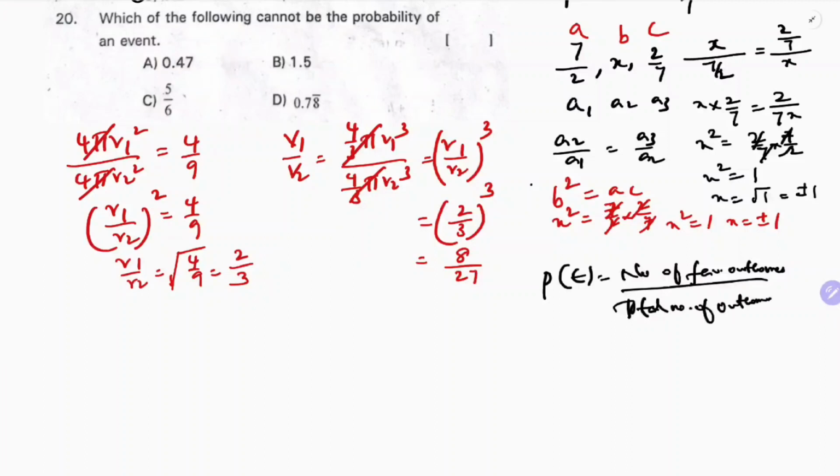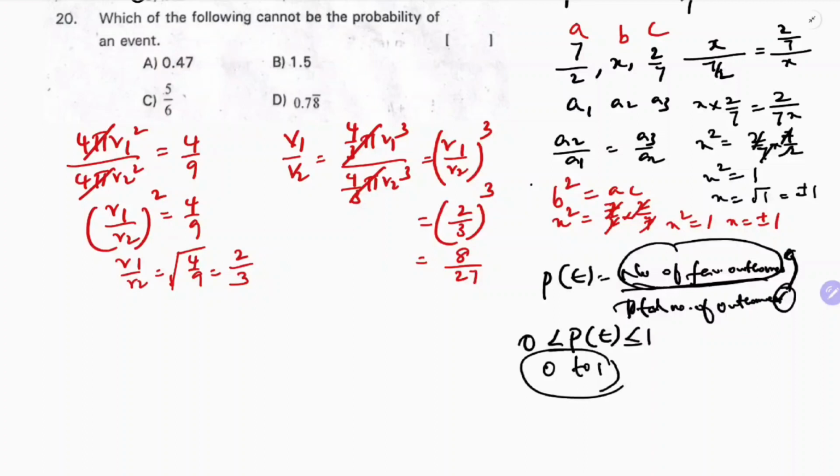The number of favorable outcomes may be 0 or it may be equal to the total outcomes. If it is 0, the answer will be 0. If it is equal to the total outcomes, the answer will be 1. Or you can remember the other way: the probability of an event is less than or equal to 1 and greater than or equal to 0. It means it lies from 0 to 1. So this is possible.